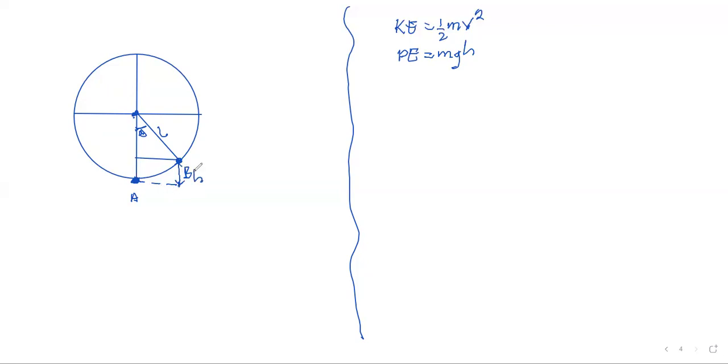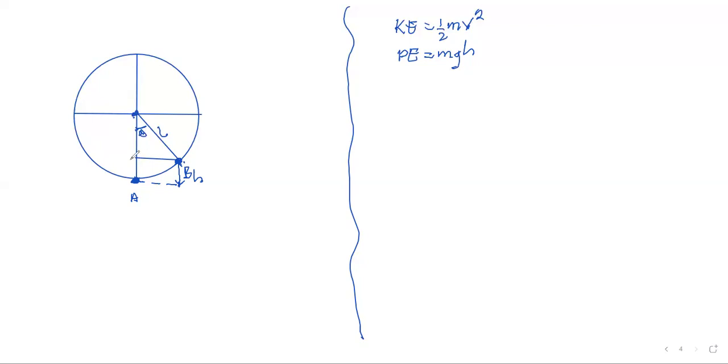So if we are calculating the potential energy of the body at this position B, it is equal to the mass times gravity times this vertical height at B. Now, how do we determine h in order to calculate this potential energy?